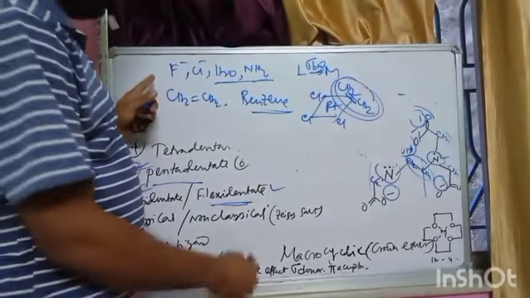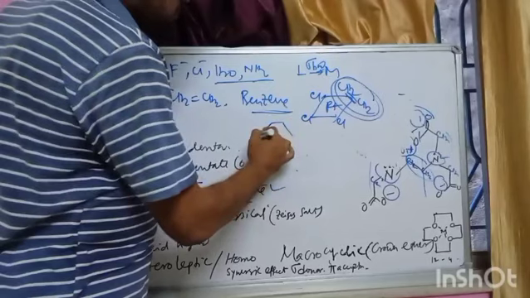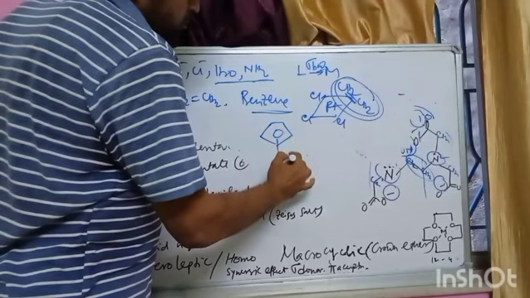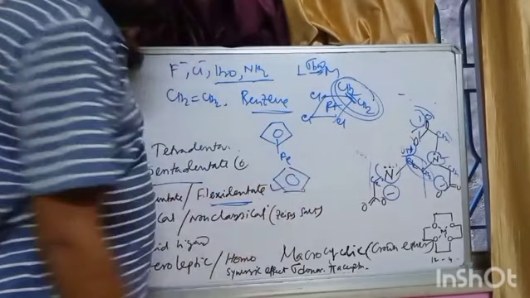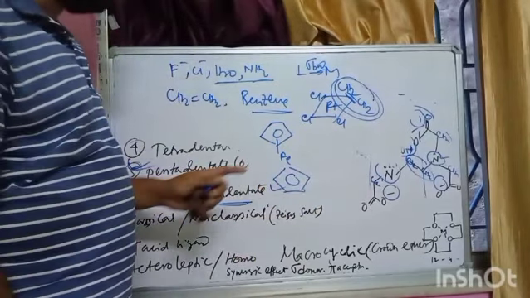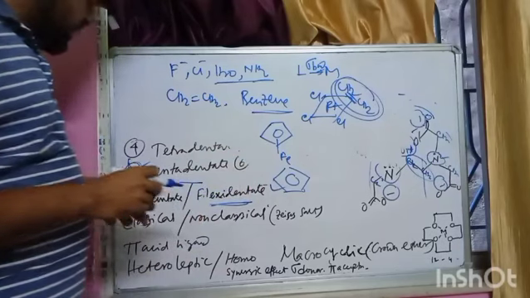It is called a non-classical ligand. Another example of a non-classical ligand is ferrocene, Fe. In ferrocene, the benzene-like ring also acts as a non-classical ligand.